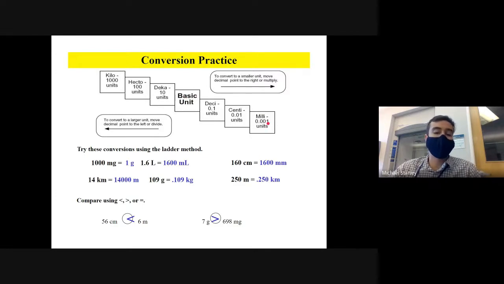It's going to take me 1, 2, 3 jumps to get there. So our decimal point starts at the end of our number if we can't see it. So it starts right here. And then we're going to move that decimal 1, 2, 3 jumps to the left. So now instead of being 1,000, it's 1.000, which is the same thing as just straight up 1 gram.